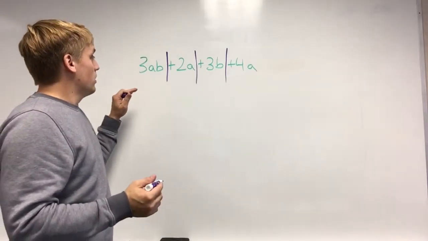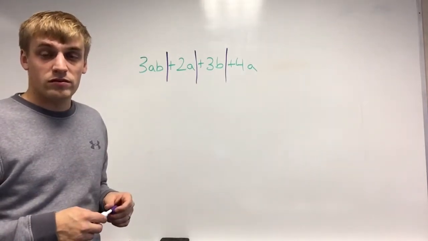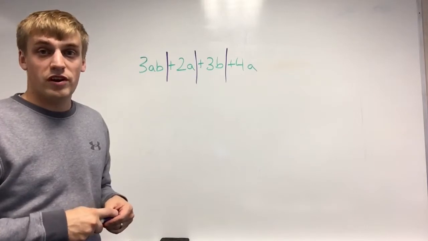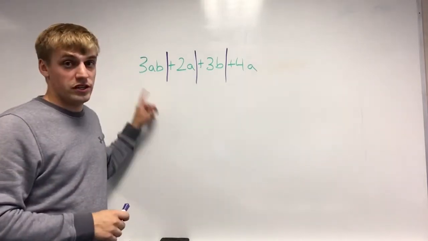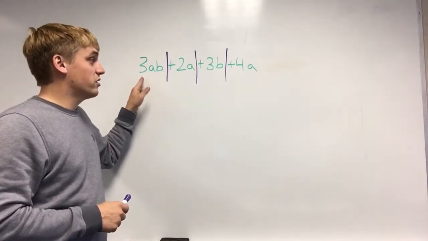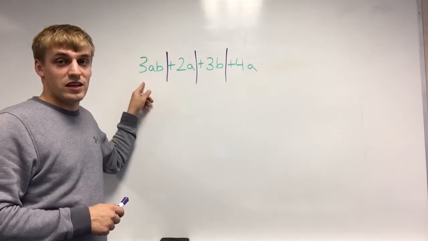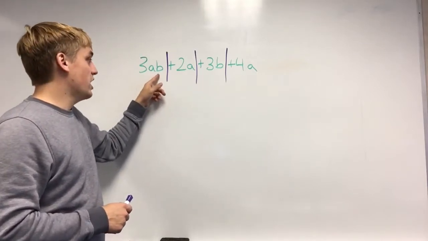Okay? So we're going to find the terms that are like terms, or in other words, have the same variable combinations. Okay, this one's interesting, this first term, because it has two variables. Well, in order to be a like term with any of the other terms in it, it needs to have the exact same variables. So this has AB.